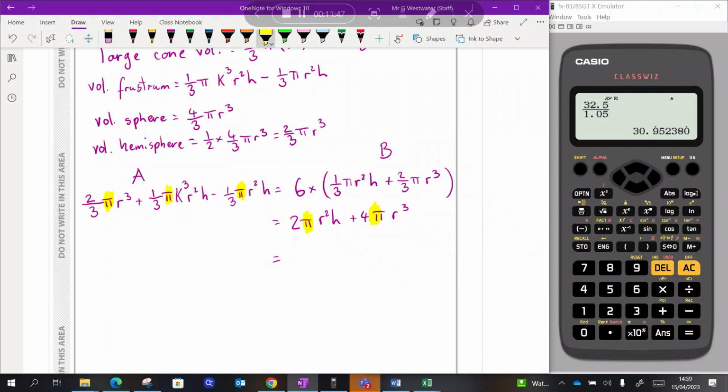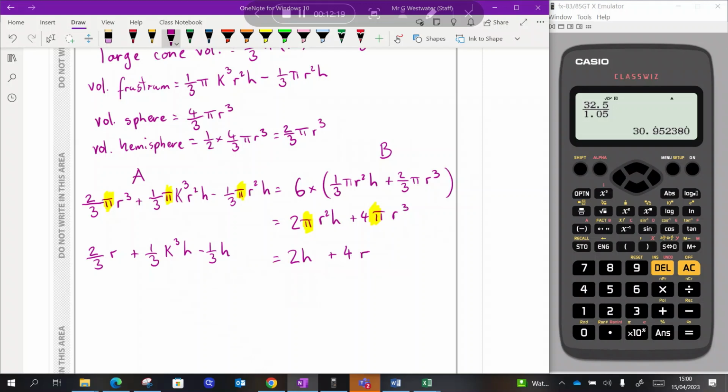So let's do that actually before we do anything else. So 2/3, now r cubed divided by r squared is just going to be r, plus 1/3 k cubed h, and then divide by r squared, so minus 1/3 h equals 2h plus 4r.